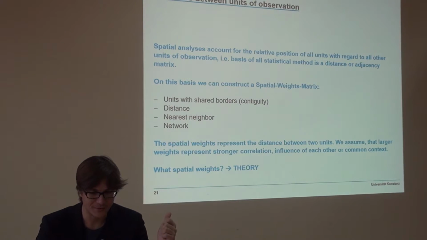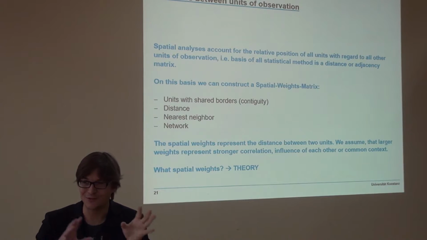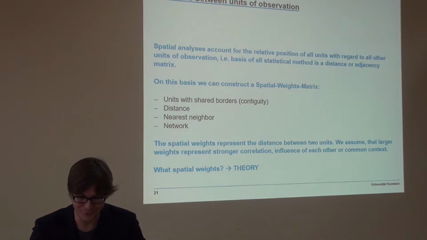On the basis of this distance or adjacency matrix, we can construct a spatial weights matrix. So I will show you. And we do this on the basis of shared borders, which would result in a contiguity or adjacency matrix.